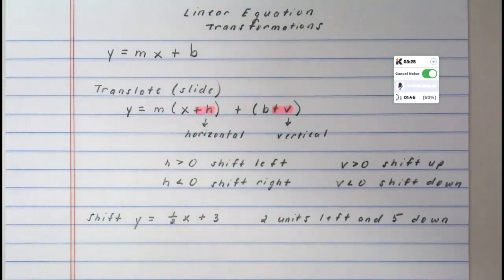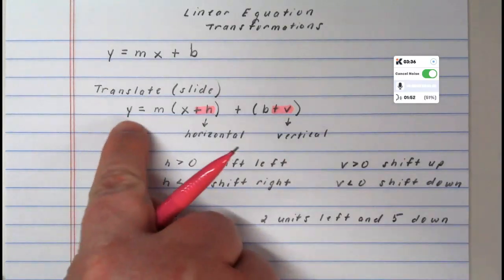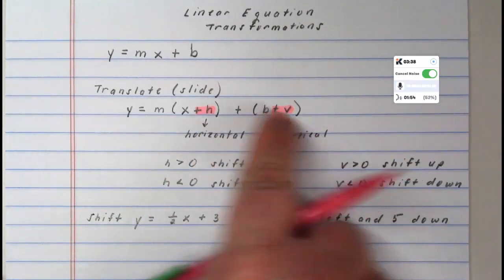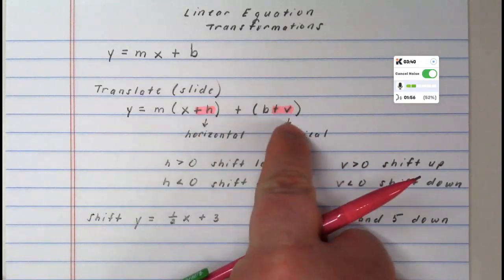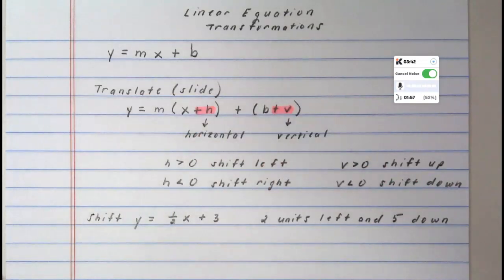So what we're going to do in order to accomplish a 2 unit to the left and a 5 unit down shift is we are going to use this form here, and we're going to insert the numbers in the pink spots where they belong.